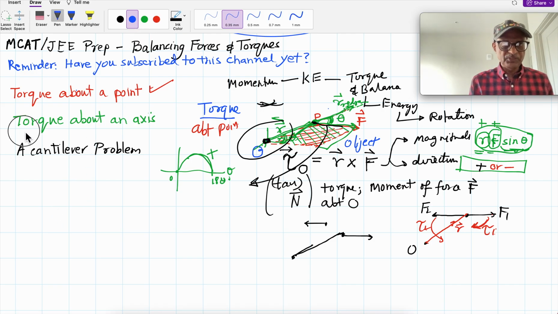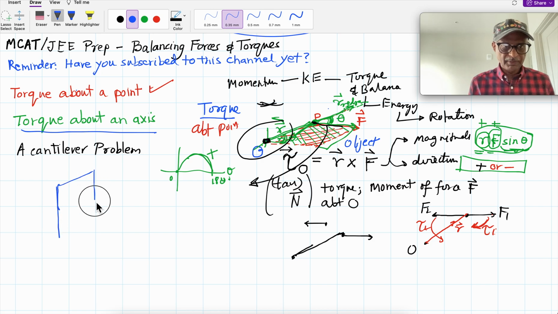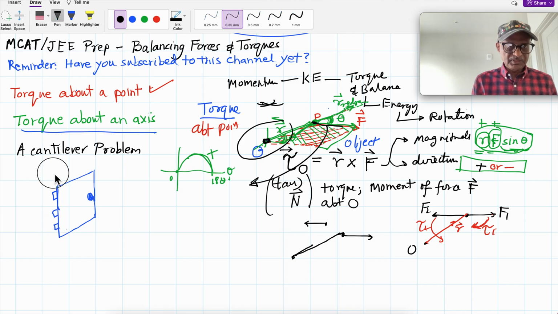So this is the most natural thing that we see in introductory classes. Say we have a door, and here's a doorknob, and here are the hinges. These hinges naturally provide an axis.